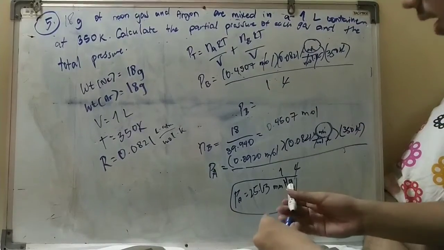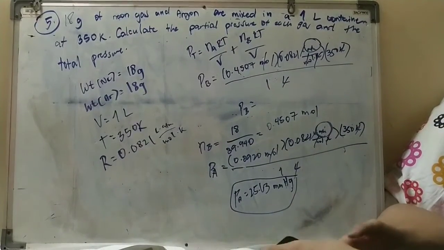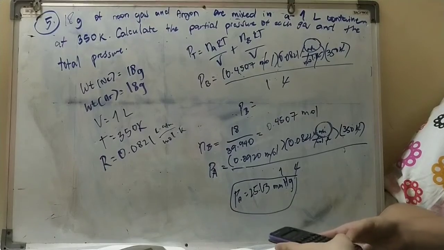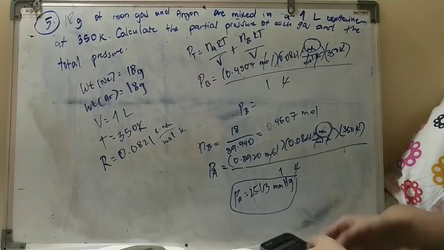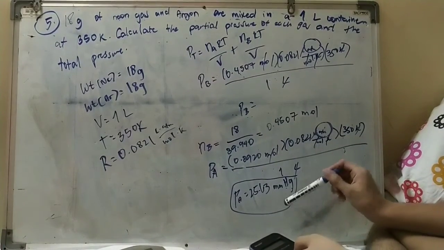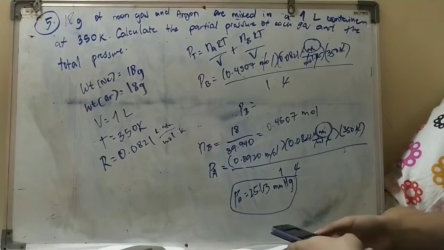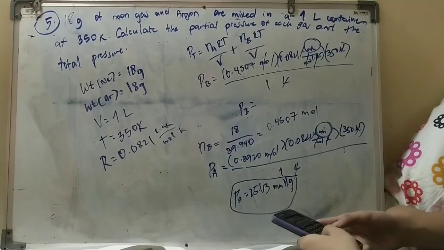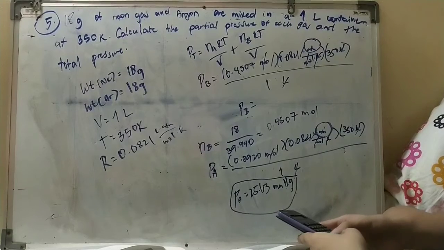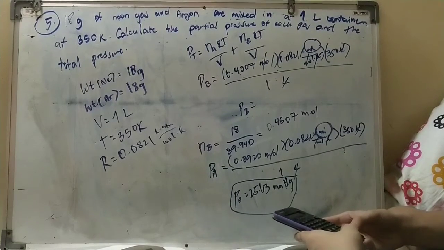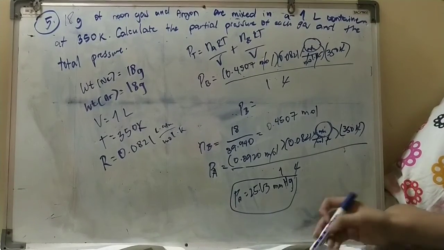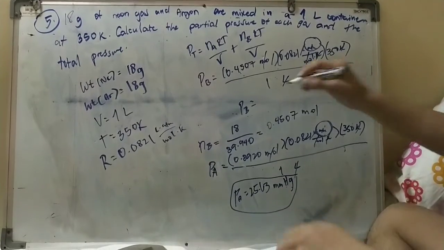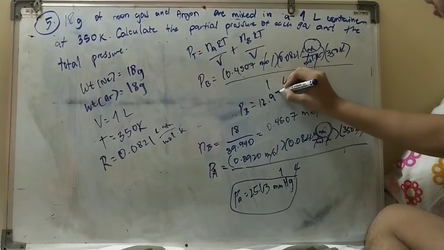And our partial pressure of argon is 12.95 mmHg.